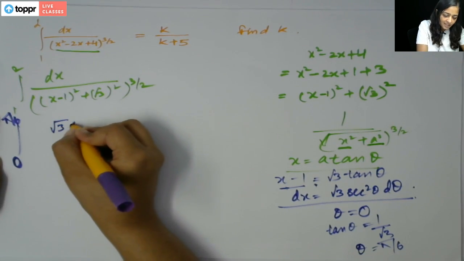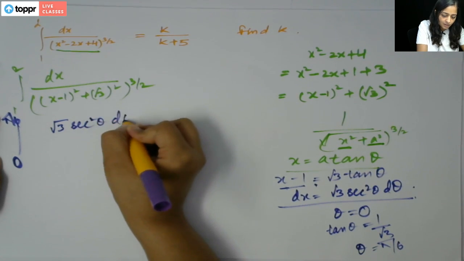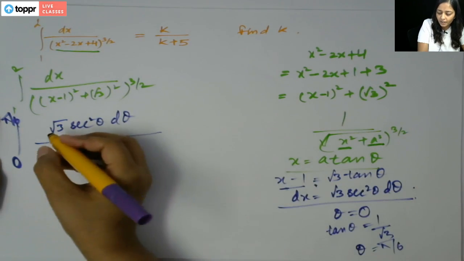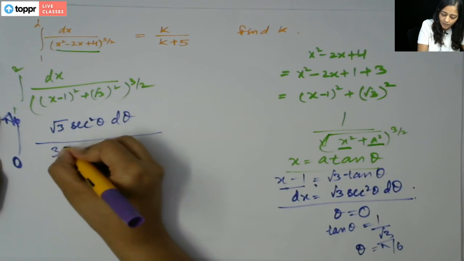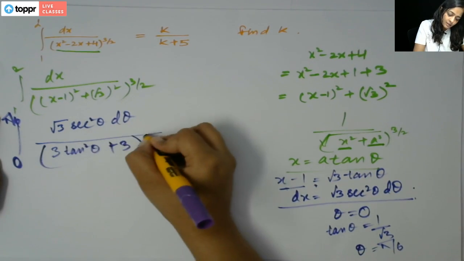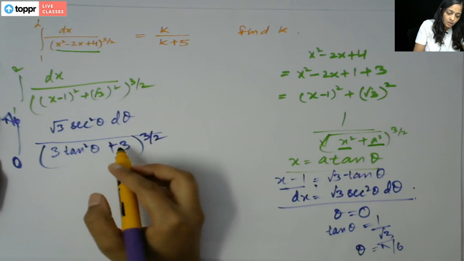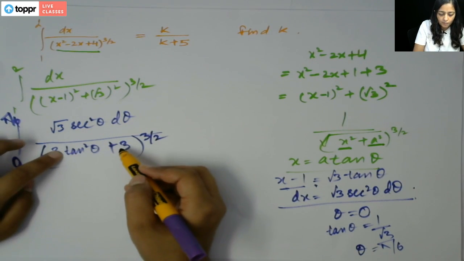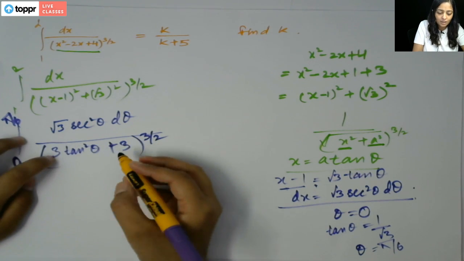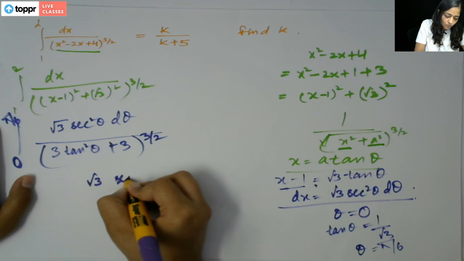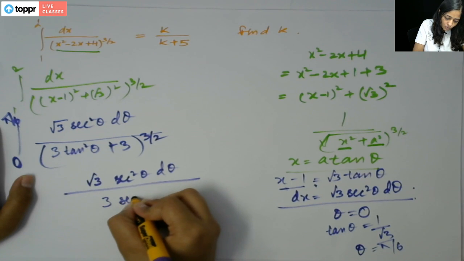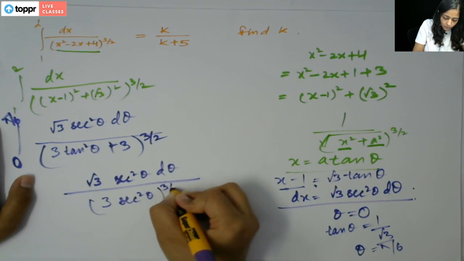dx is root 3 sec square theta d theta divided by, x minus 1 is root 3 tan theta, so squaring it, we get 3 tan square theta plus 3 to the power 3 by 2. Now we can write it as taking 3 common, 1 plus tan square theta, which is nothing but sec square theta. So this will become root 3 sec square theta d theta over 3 sec square theta raised to the power 3 by 2.